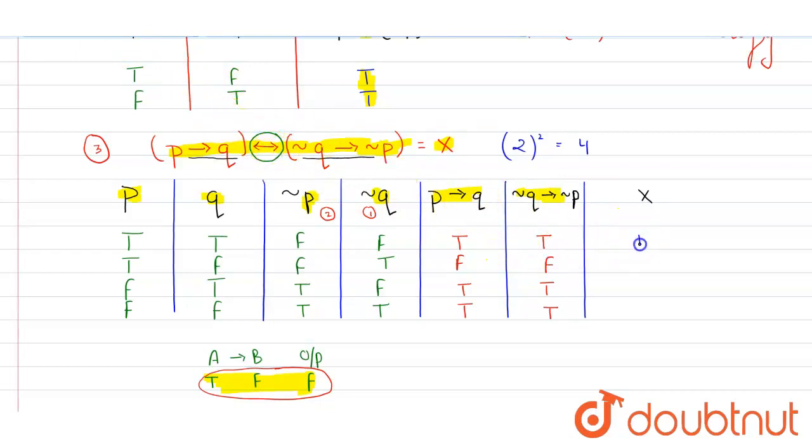Yes, both are true, so true. Both are false, yes, these are both equal. Both are equal, true, yes, so we'll write true. Both are true, yes, we'll write true. Okay, so basically what we got from this truth table is that all the outputs are true. So this function, that is option 3, is a tautology.